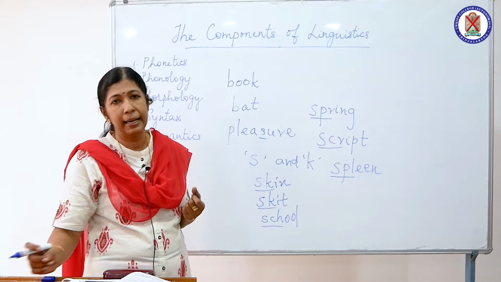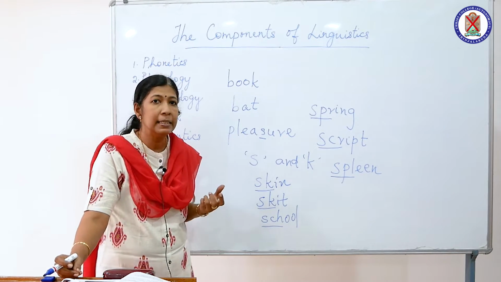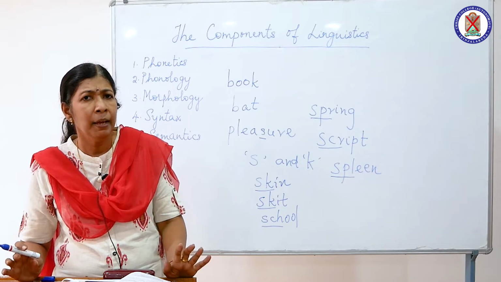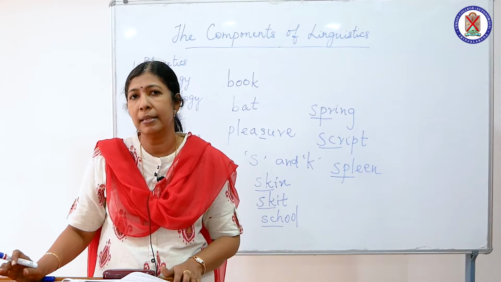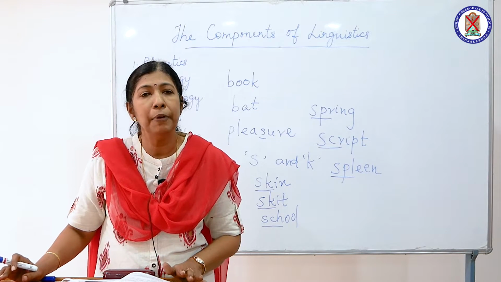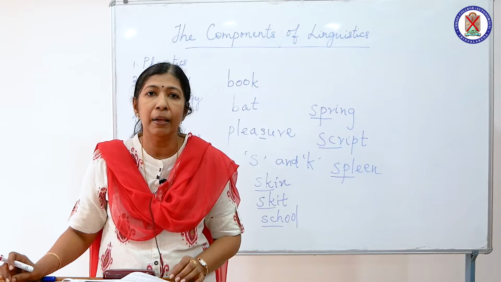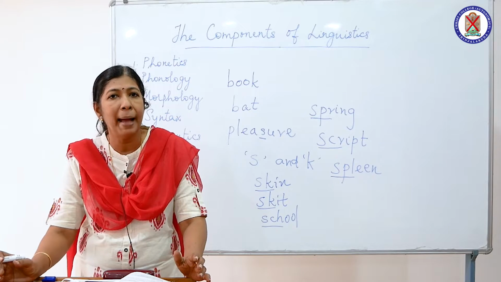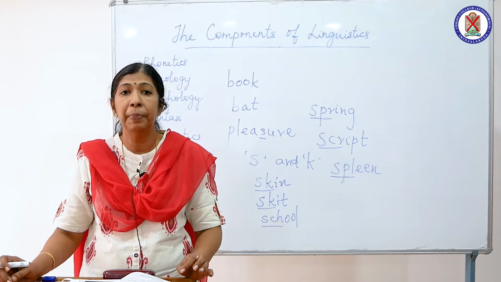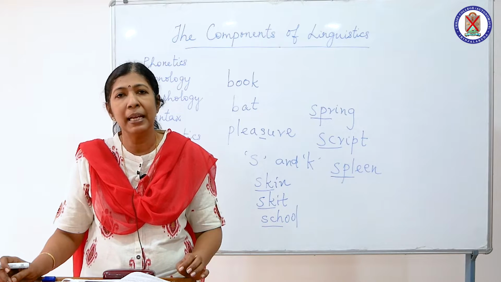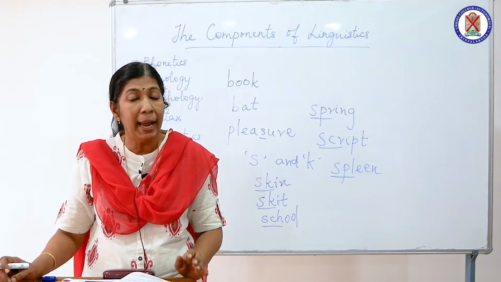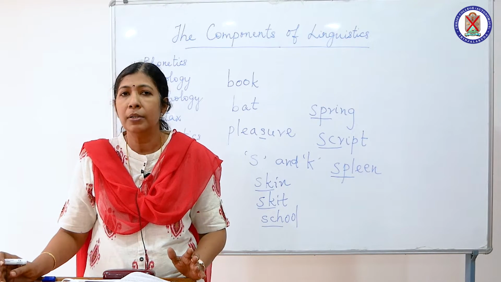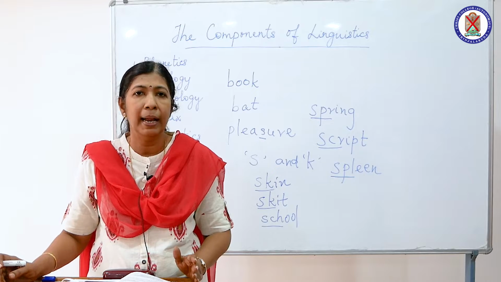To give you still another example, if we consider again the two languages Hindi and English, we can see that in both these languages we have words beginning and ending with consonant sounds. For example, in the word bat, it is the sound b, a consonant sound, which begins the word, and the word ends in a consonant sound t. So in English, consonants can both begin a word and end a word.